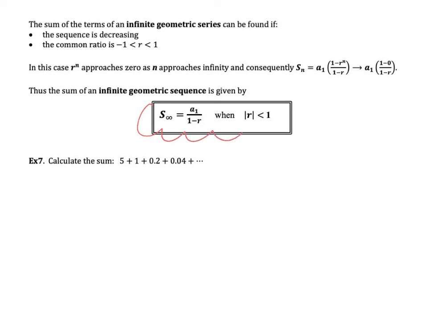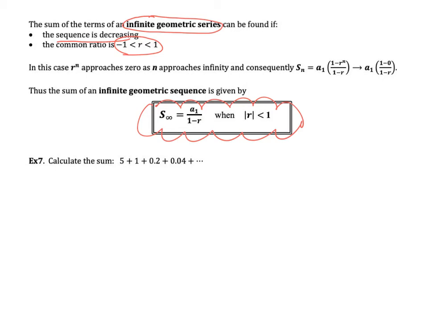Now that goes to our last formula. Our last formula is about an infinite geometric series. So we can calculate an infinite geometric series if the sequence is decreasing and if the common ratio is caught between -1 and 1. And why can we do that?